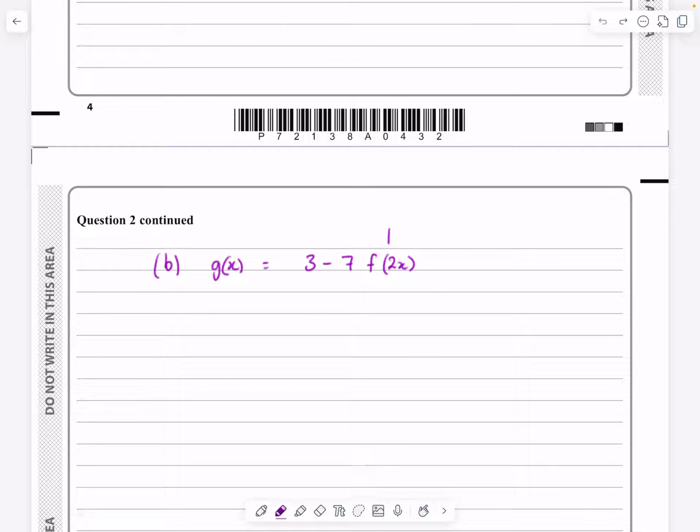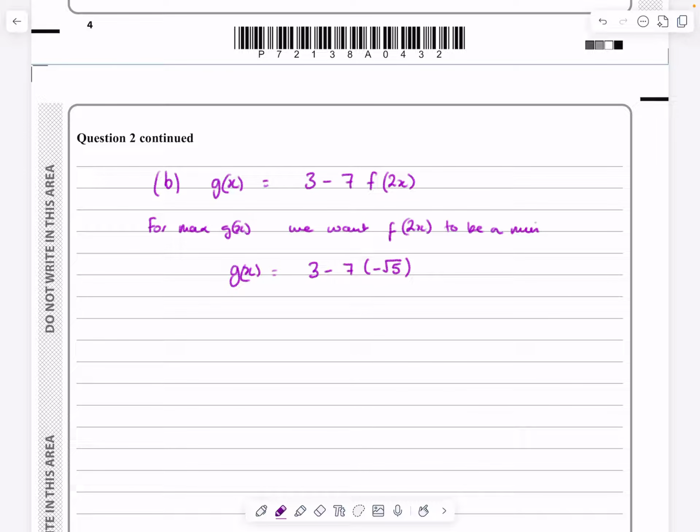In terms of explaining that to the examiner, I might just say this: for max g(x), we want f(2x) to be a minimum. And so g(x) is going to be 3 minus 7 lots of minus root 5, the smallest value that can be.